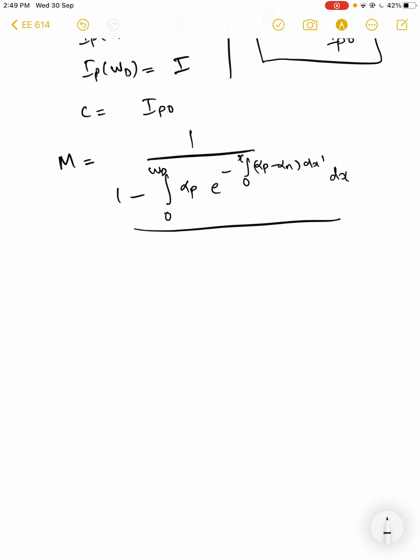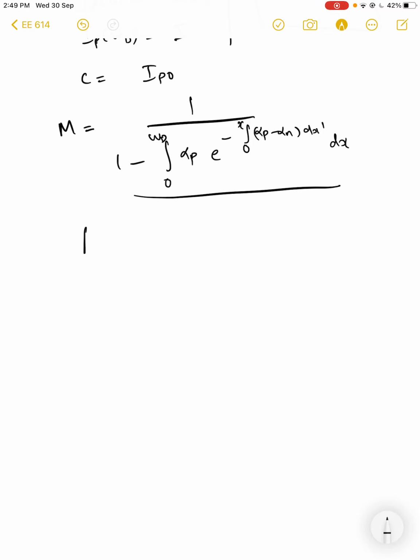So the actual condition for avalanche breakdown to happen is basically integral 0 to WD of alpha p e power minus integral 0 to x of (alpha p minus alpha n) dx dash equal to 1. Remember, this alpha p and alpha n are the ionization coefficients of holes and electrons respectively, right? And they are all dependent on the position, right?